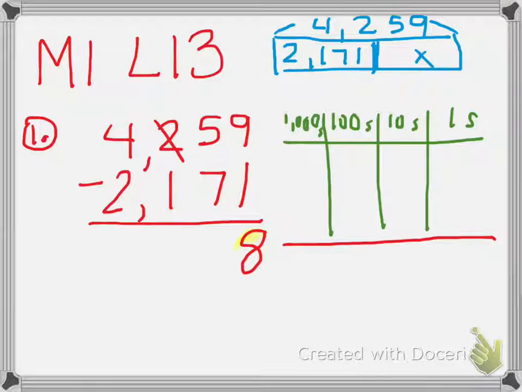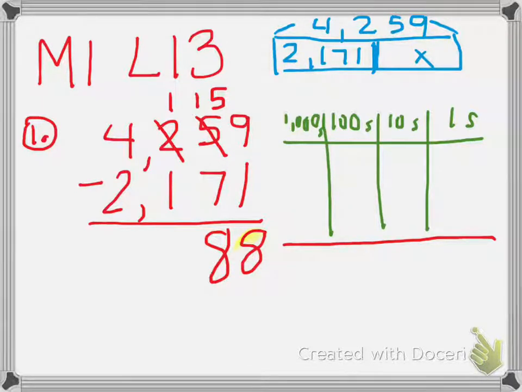So my 2 is going to become a 1. I'm going to put that on the top. I'm going to cross off my 5. That is going to become 15 because I added a 10 from that hundreds place. So now we have 15 take away 7, and we can do that. 15 take away 7 is 8.